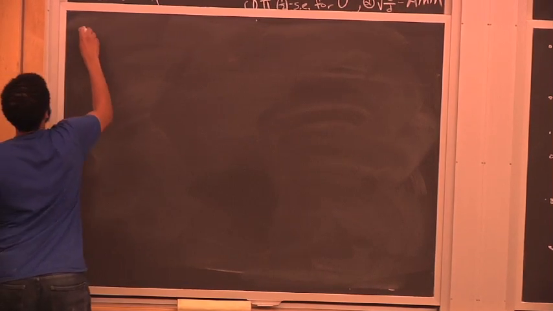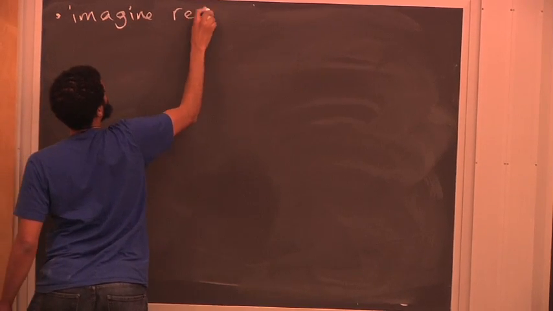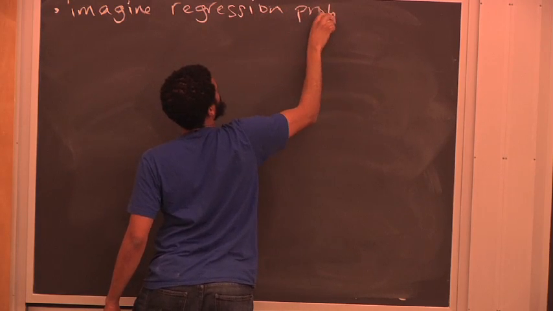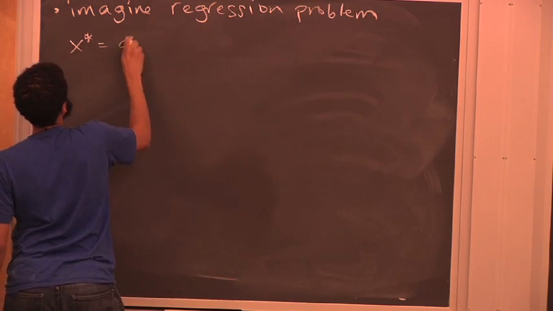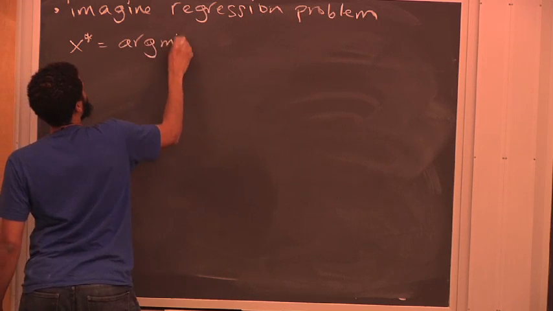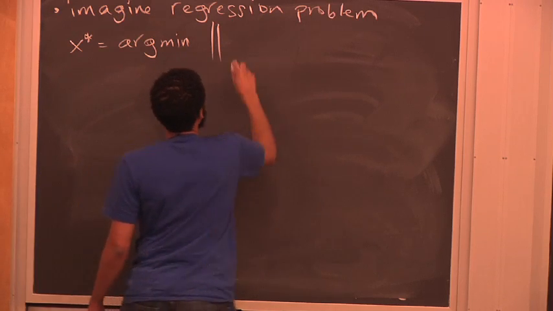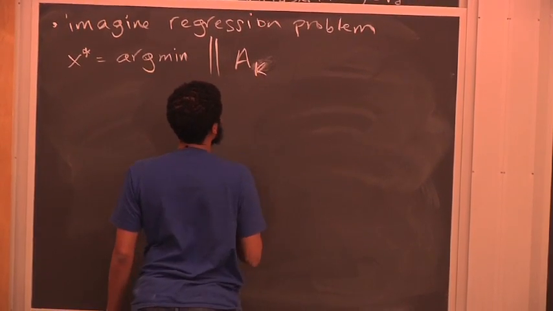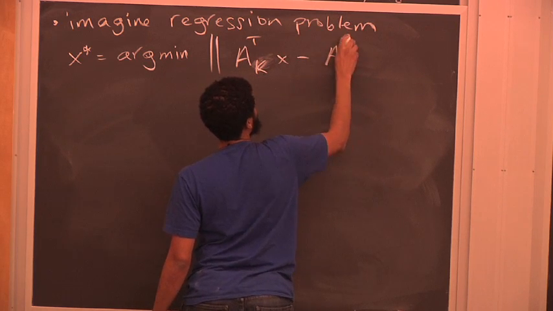So imagine a regression problem where X star is the argmin of AK transpose X minus A transpose i.